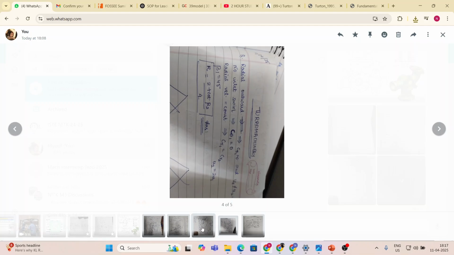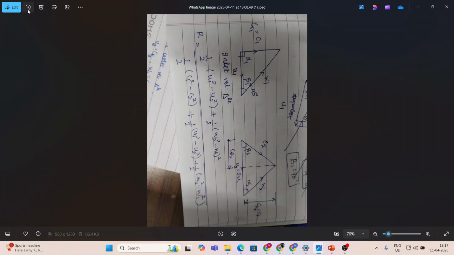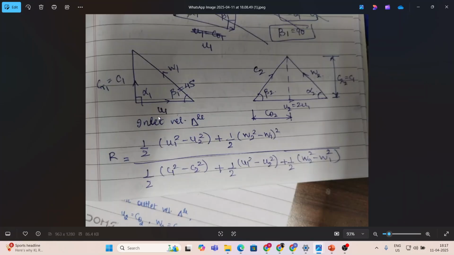The next thing is the velocity triangle. I should have downloaded all this beforehand, but forgive me. This is the inlet velocity triangle and this is the outlet velocity triangle. In the inlet velocity triangle, there is no c theta component, which is why alpha 1 becomes 90 degrees, and this is 45 degrees. Here we have C1, U1, W1.